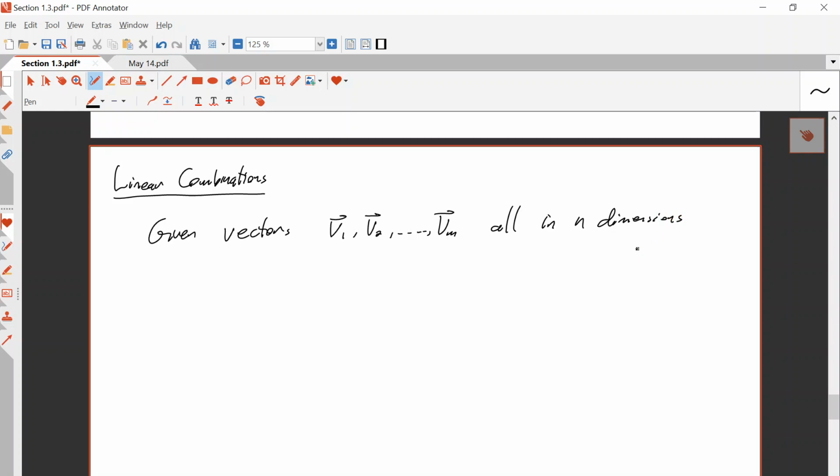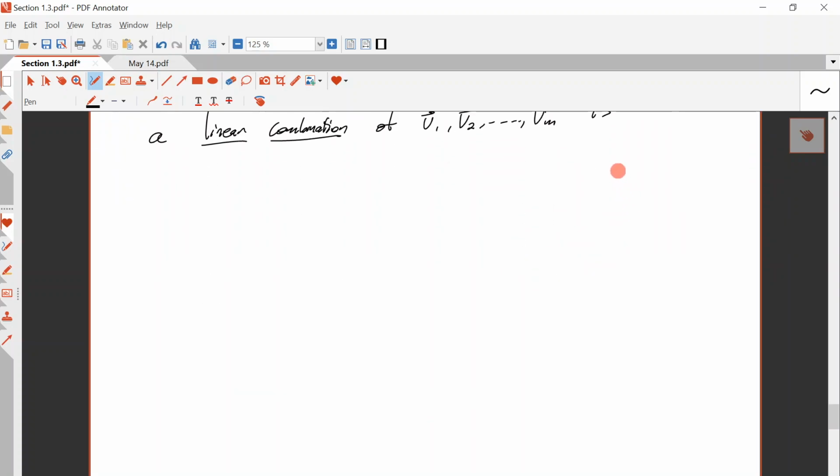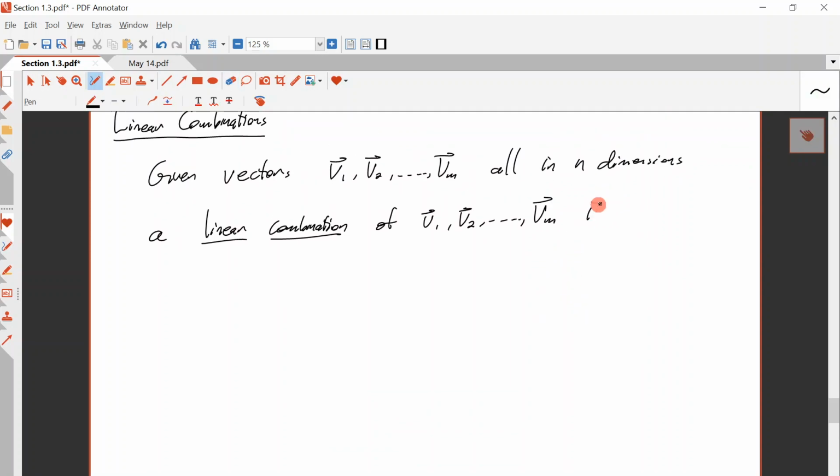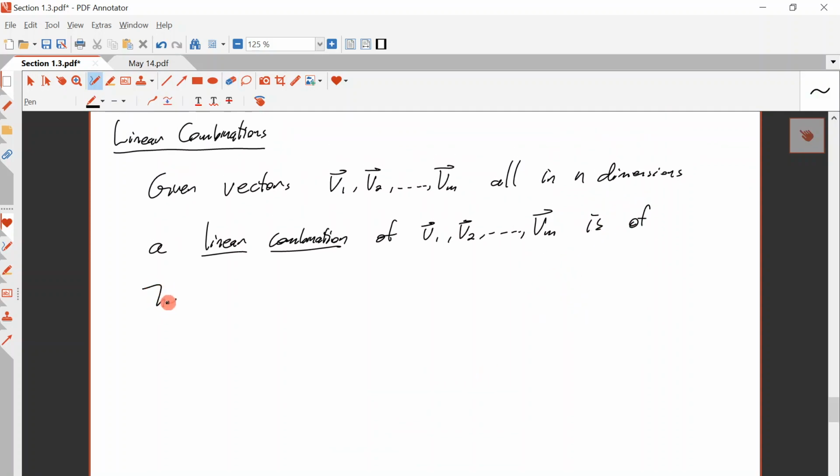Okay, so given these vectors, a linear combination of v1, v2, through vm is of the form k1 v1 plus k2 times v2, and you add all that up, where the k's are scalars.